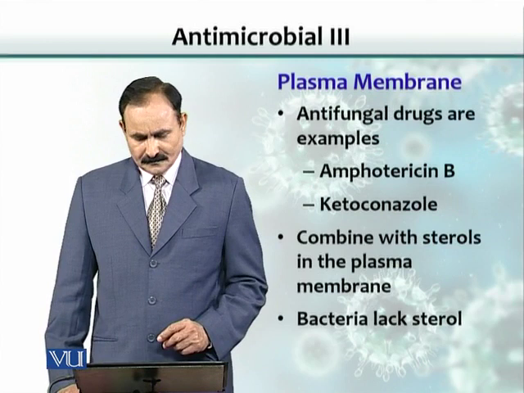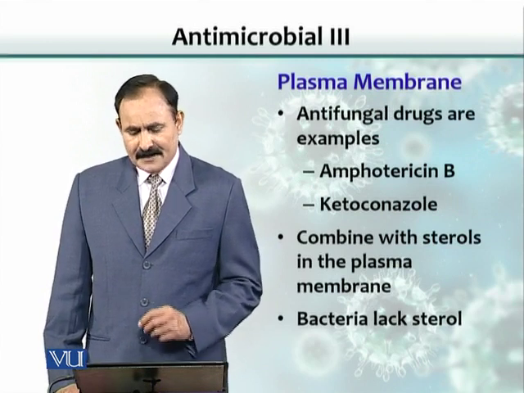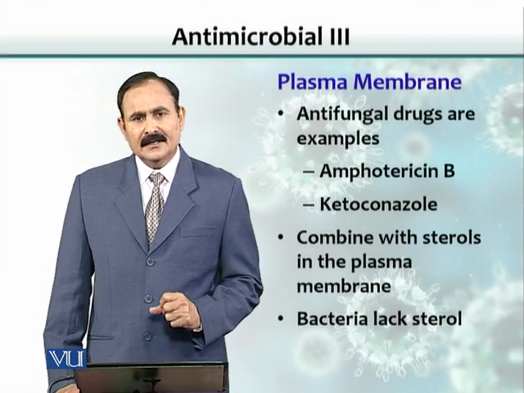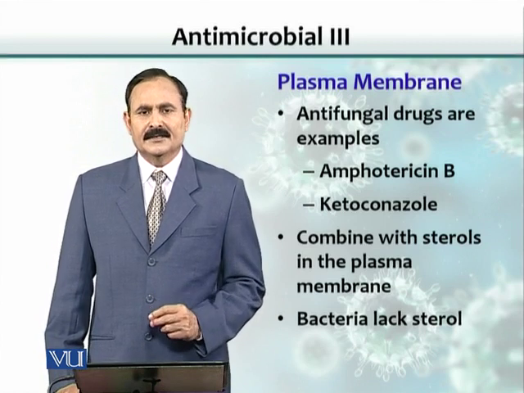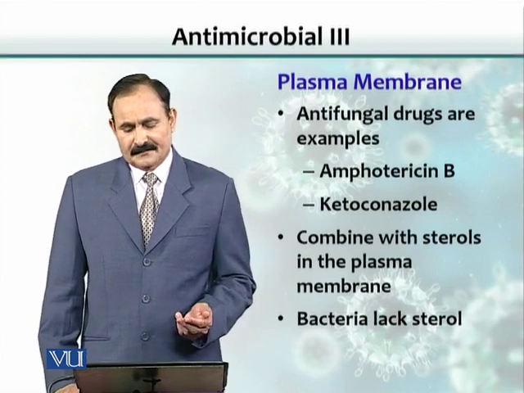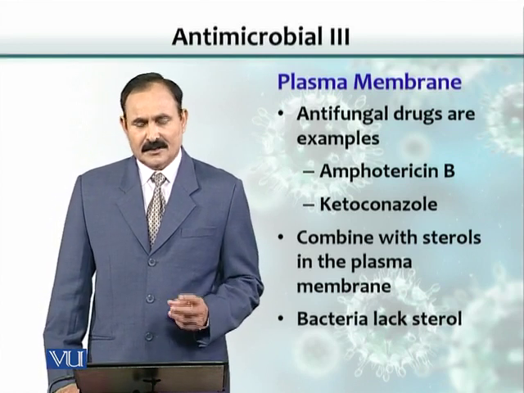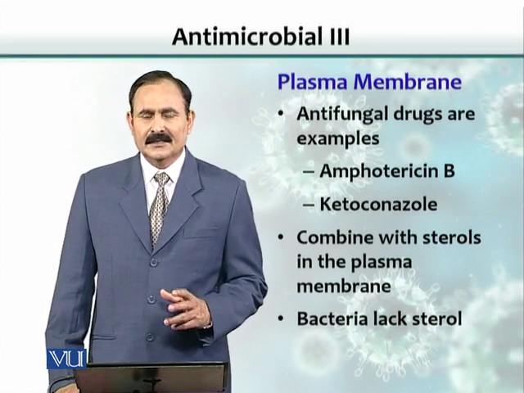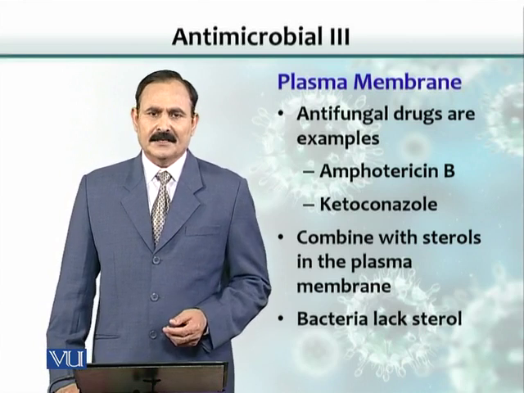Another example is antifungal drugs. Fungi have sterols in their plasma membrane, and drugs like amphotericin B and ketoconazole bind to sterol and interfere with the permeability of the plasma membrane.